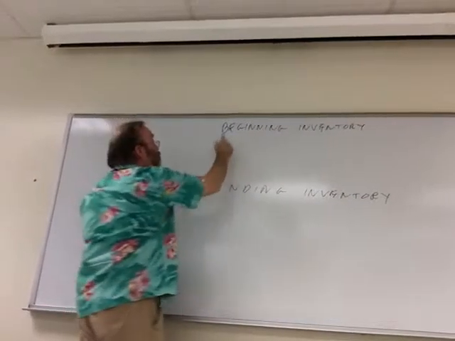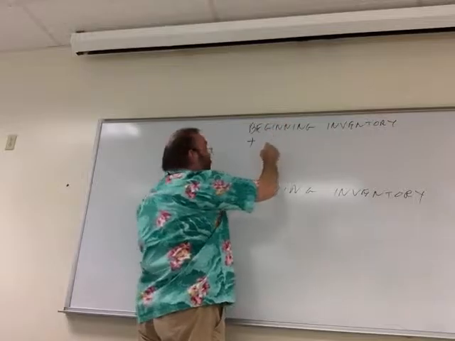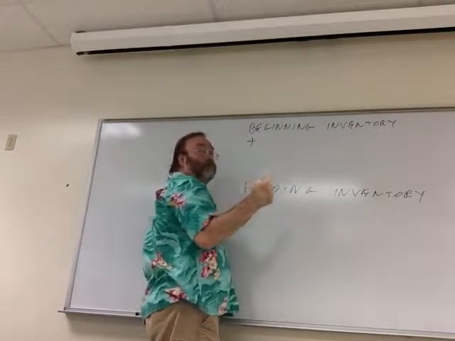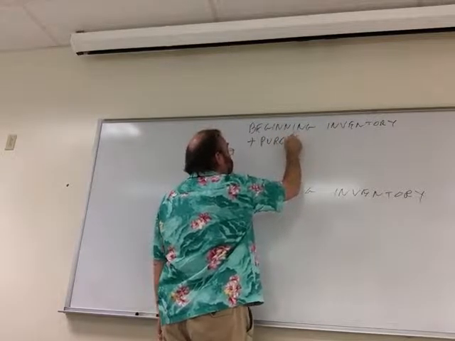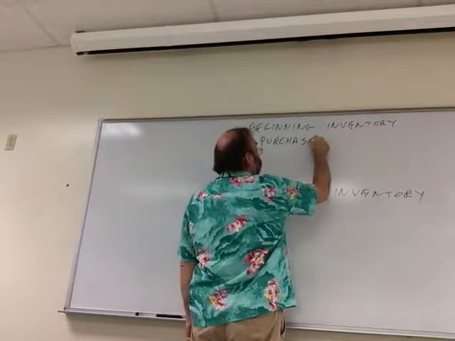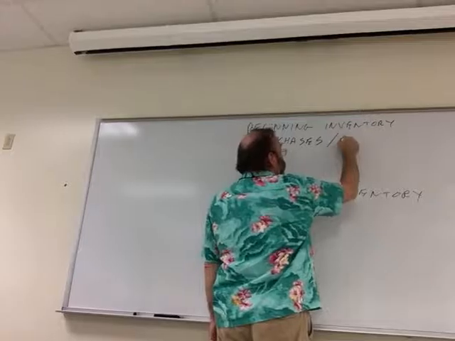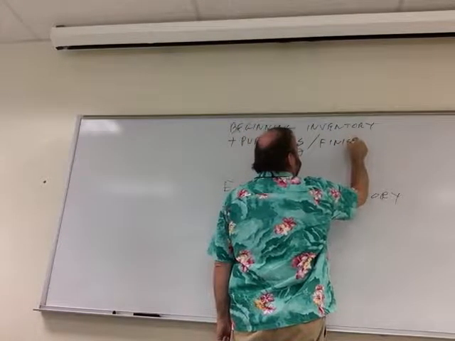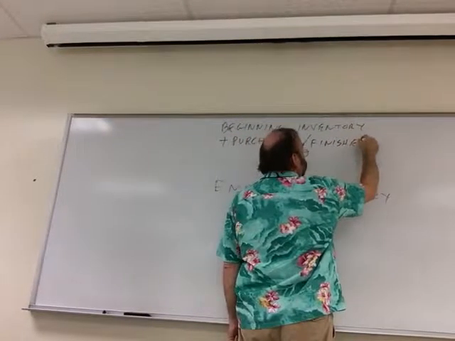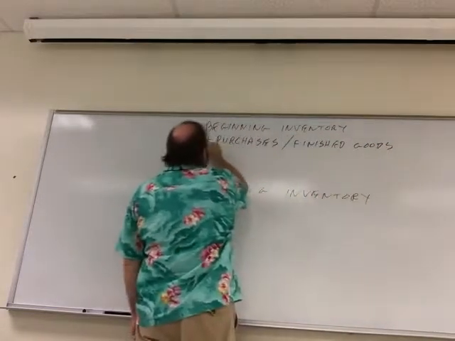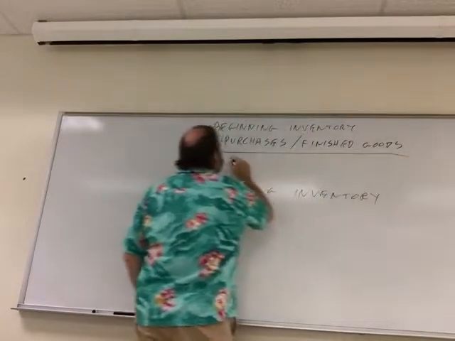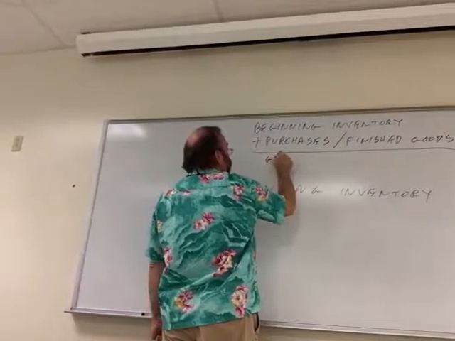You know how much you bought from all your suppliers, or if you're a manufacturer, how much you made. That's purchases, or finished goods. If you add those two together, you have all goods available for sale.